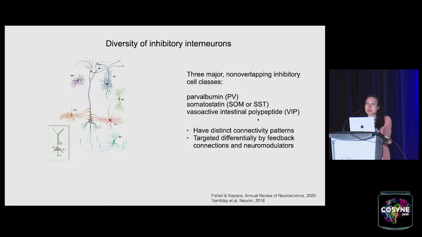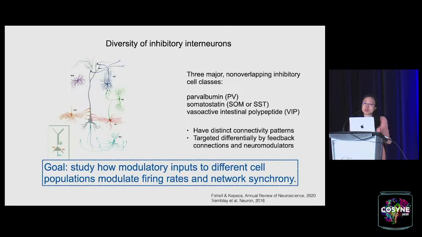These interneuron subtypes have distinct connectivity patterns, and they are targeted differentially by feedback connections and the neuromodulators. Therefore, they are well suited at regulating network activity states. So the goal of this work is to study how modulatory inputs to different cell populations modulate firing rates and network synchrony.